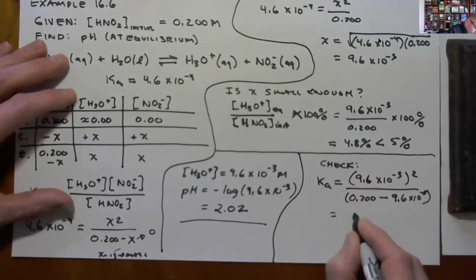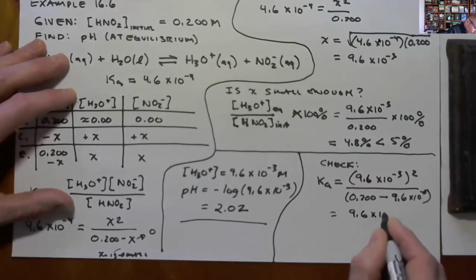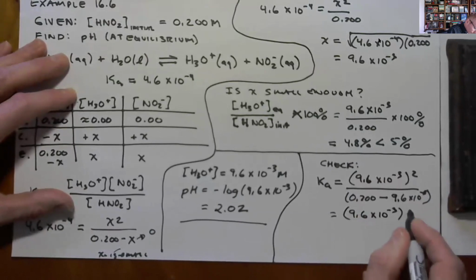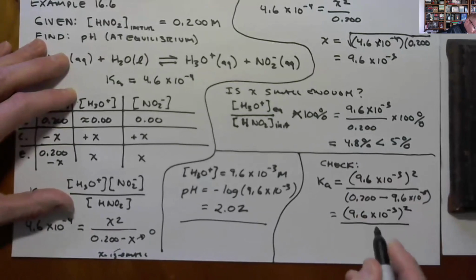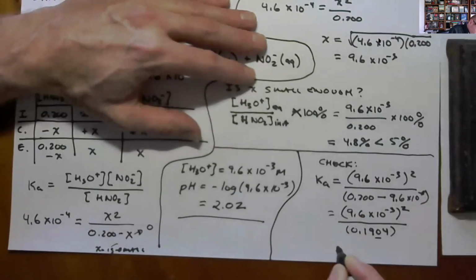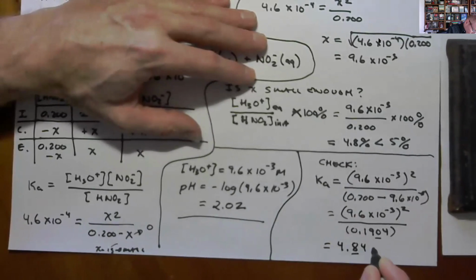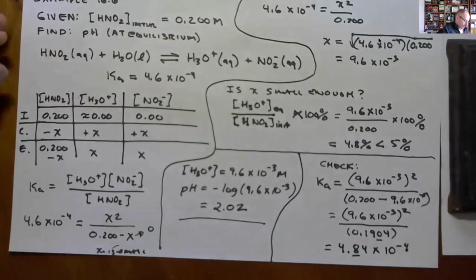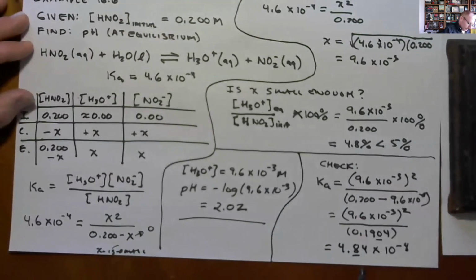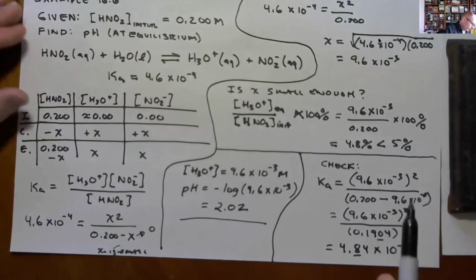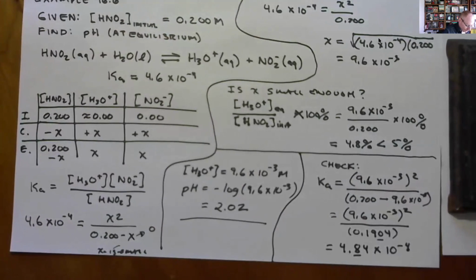Okay, and let's see here. So you notice it's slightly off, but that accounts for the x is small approximation. Yeah, close enough.